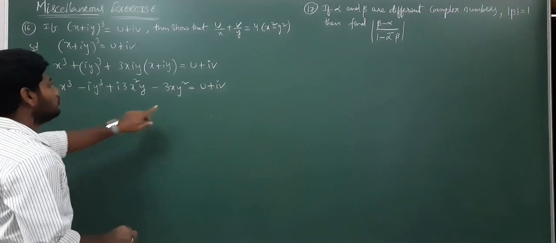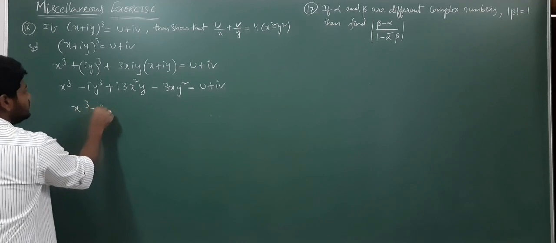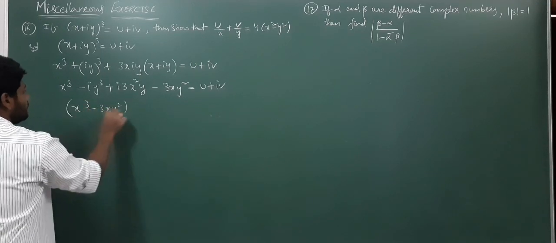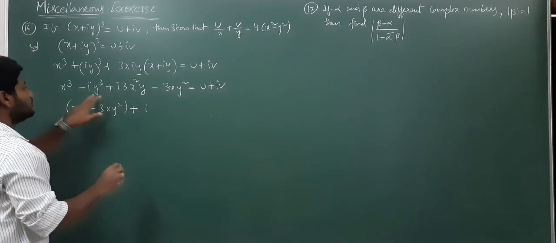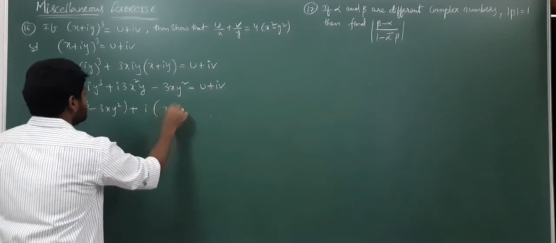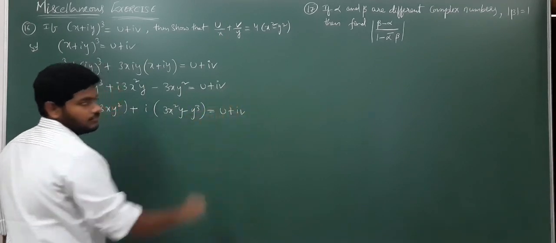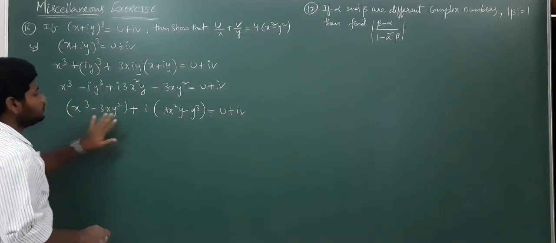Now we need to convert it into u plus iv form, with real constants. It is x cube minus 3xy square plus, if we take i common, i times (3x square y minus y cube), which is equal to u plus iv form. If you observe this, it is in the form of u plus iv.